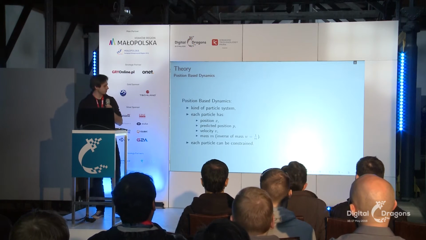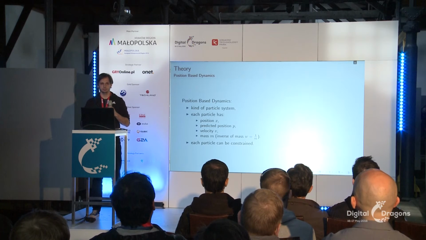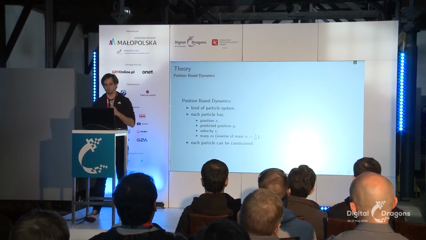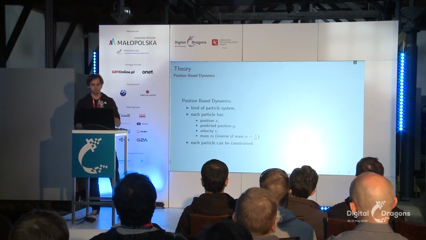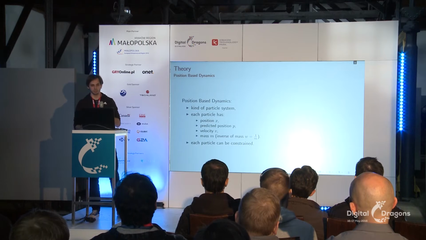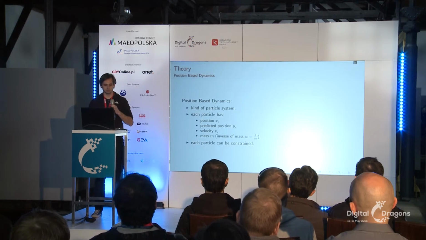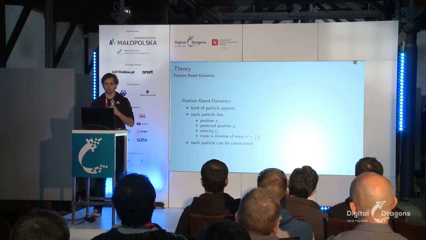Okay, position-based dynamics is a kind of particle system, and a basic particle in such a system has position, predicted position, velocity and mass. But instead of using mass, we are using the inverse of mass because of kinematic particles. Imagine a situation where you're trying to attach some particle to world space. In such a case, the particle has to have infinite mass.